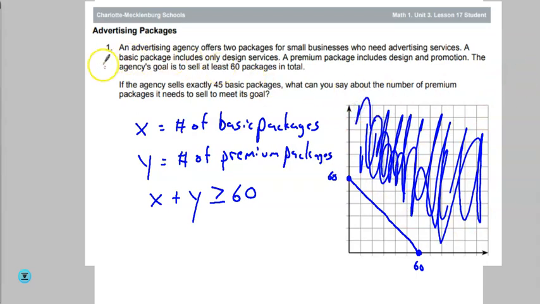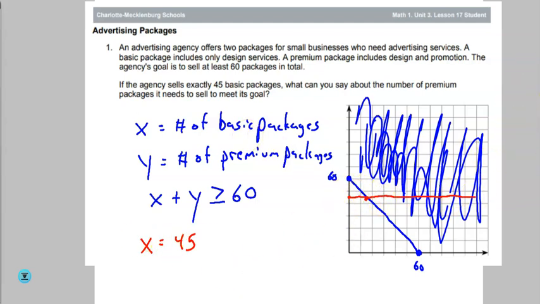And then it wants to know if the agency sells exactly 45 basic packages. So that's X. So it wants to know if X equals 45. So 10, 20, 30, 40, it's about here, 45. Then the Y, oh, I did Y equals.